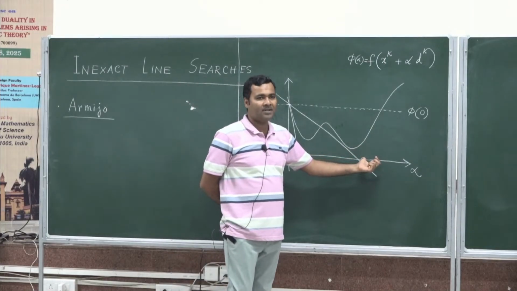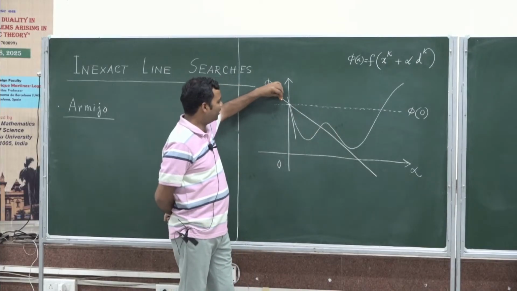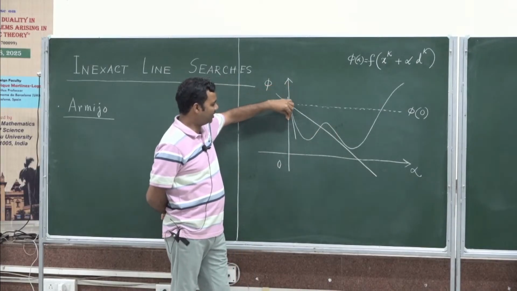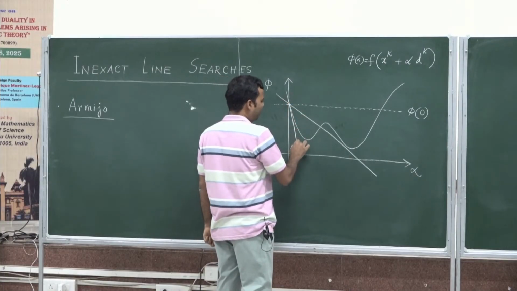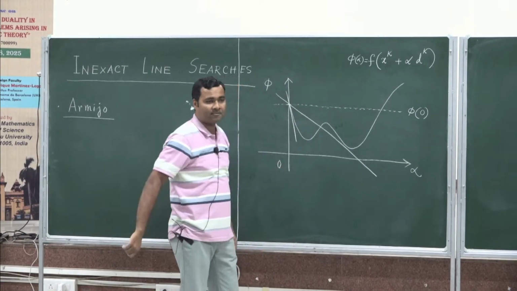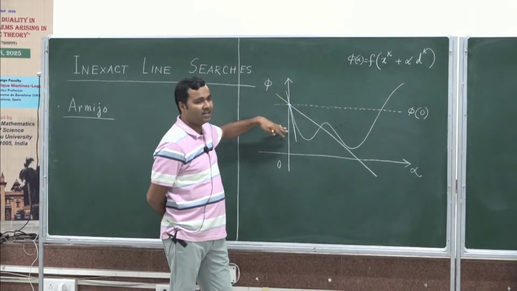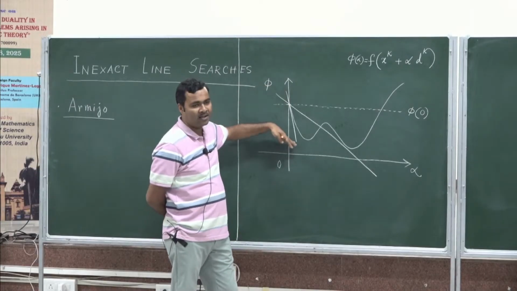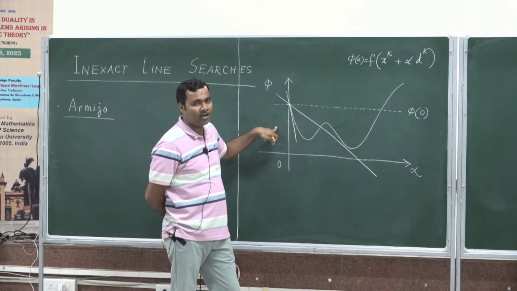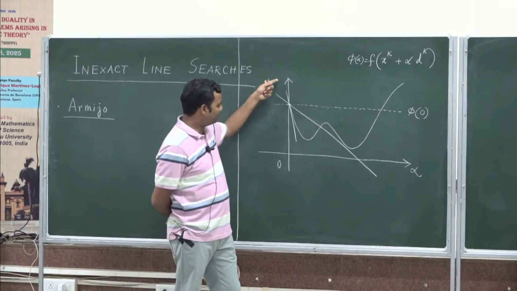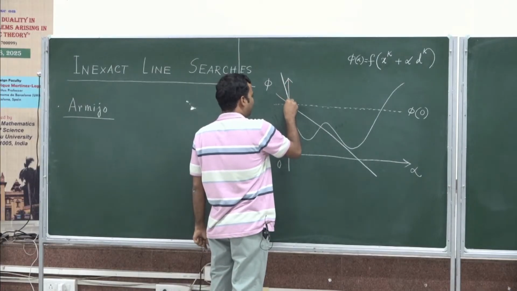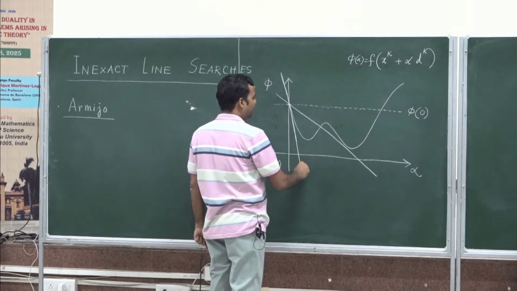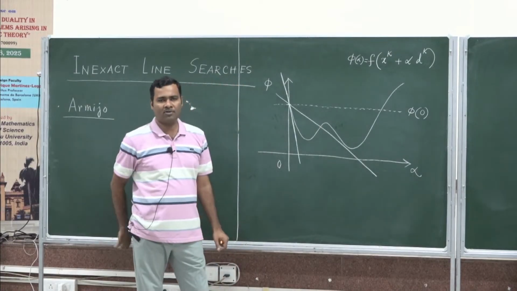So people suggested: don't take the tangent line as your decrement, because this tangent line will not have any intersection with the graph. Once there is no intersection, below this line we do not have any point on the graph. So if I consider the function value below this tangent line, then obviously I don't have any point on the graph.